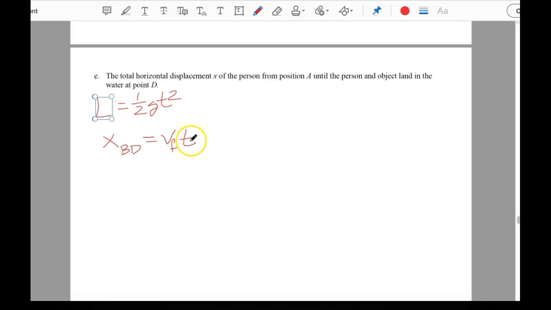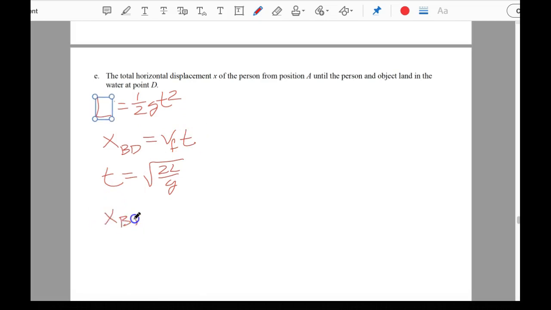If we take that first equation and solve for time, time is going to be equal to the square root of 2L all over g. So that's this equation. We've solved it for time. And so now we're going to plug everything into this equation.